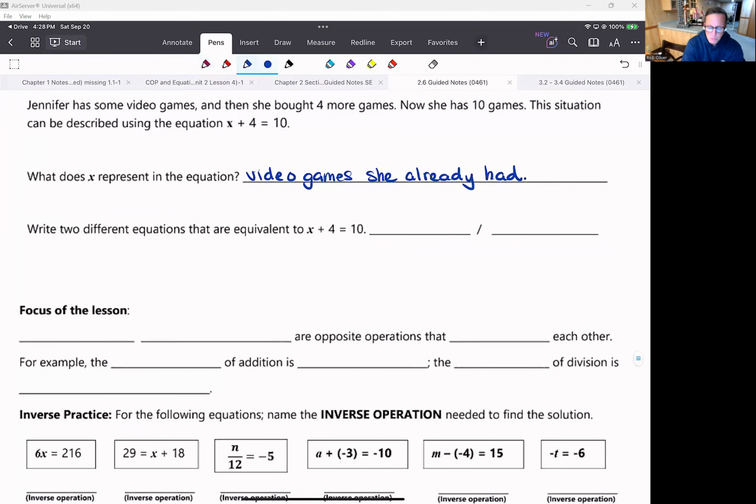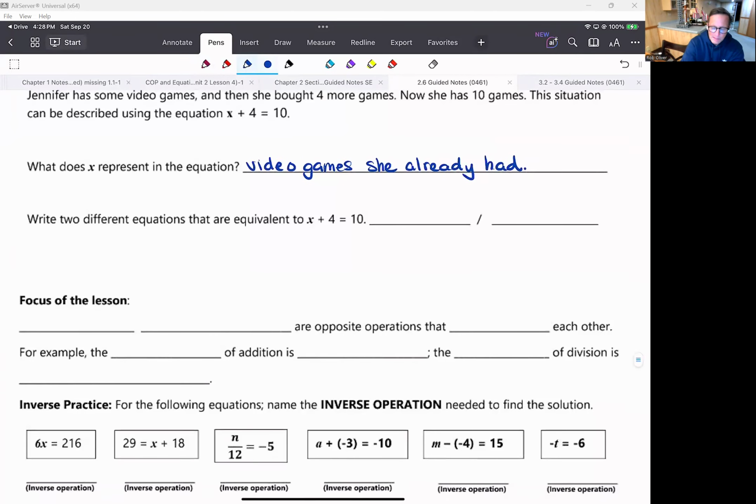Now write 2 different equations that are equivalent to x plus 4 equals 10. There's an infinite number of answers to this. There's no end to the number of equations we can write, because we know that x is 6, since 6 plus 4 is 10. So just write any equation where x is equal to 6. One example would be x plus 7 equals 13, because 6 plus 7 is 13.